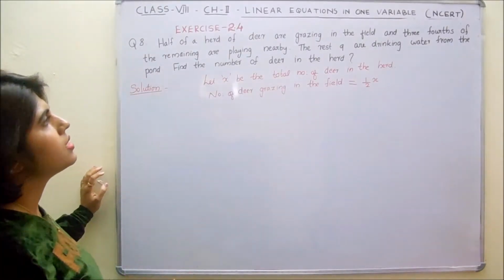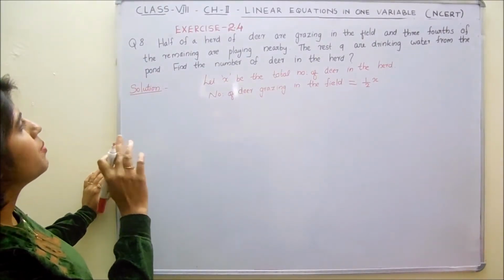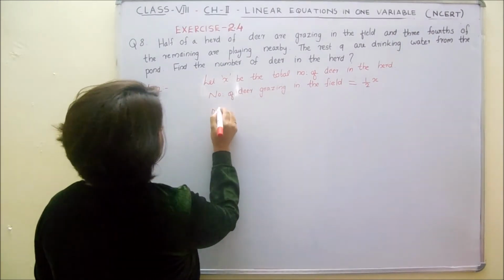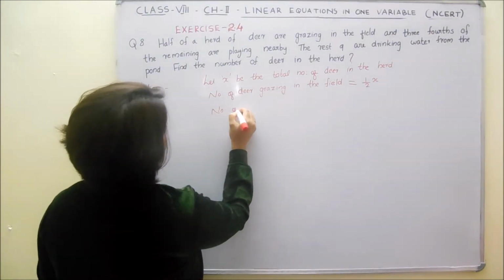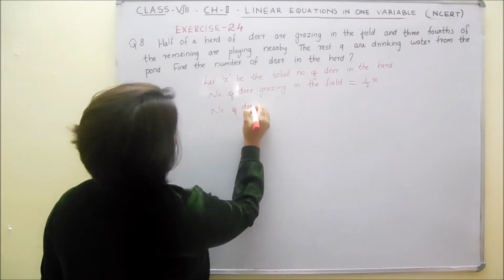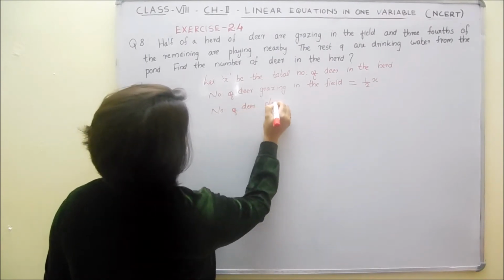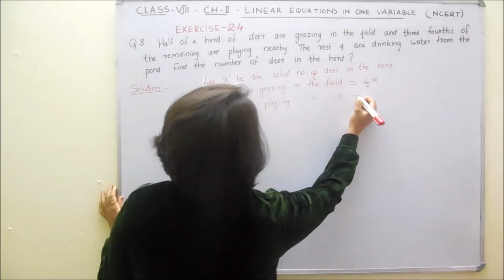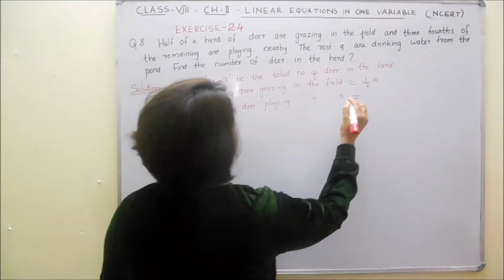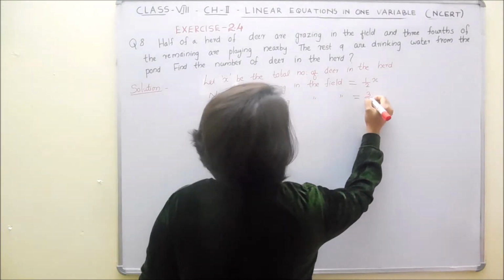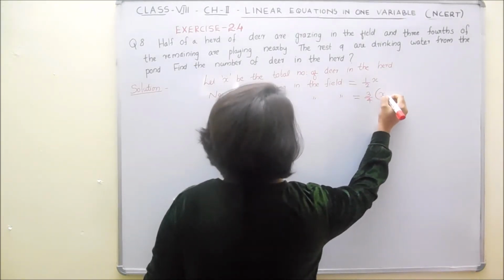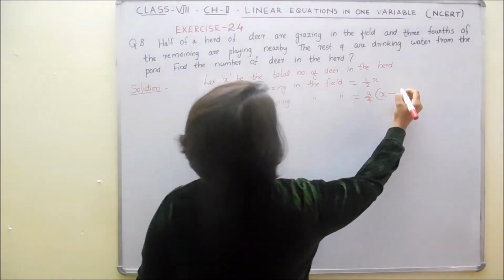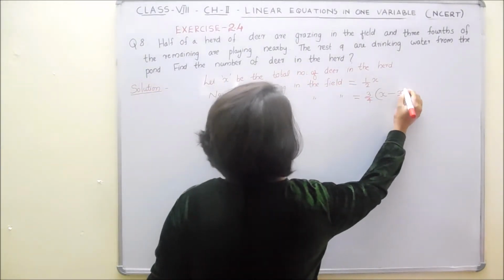And 3/4 of the remaining are playing nearby. Then number of deer playing in the field equal to 3/4 of remaining. 3/4 of remaining means total it is x, then you have to subtract the number of deer grazing in the field, that is x by 2.